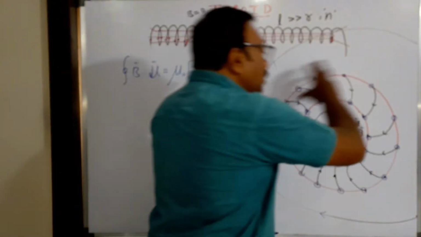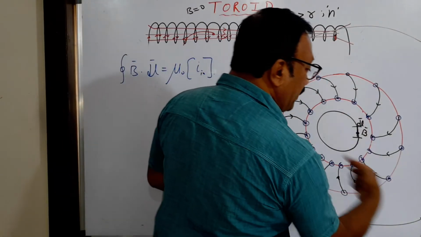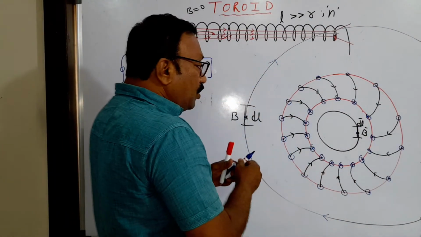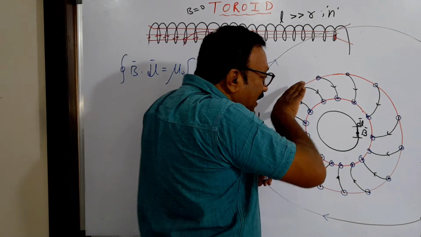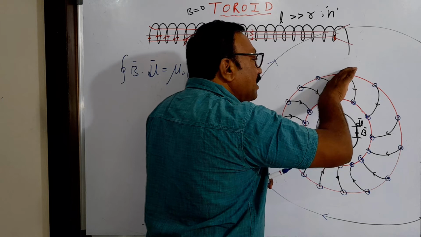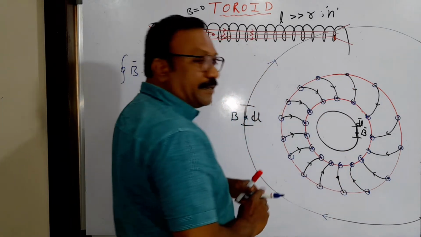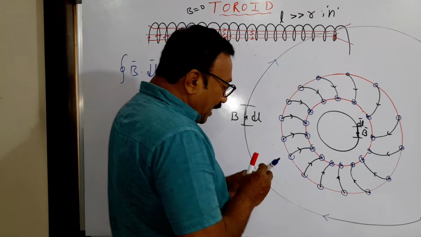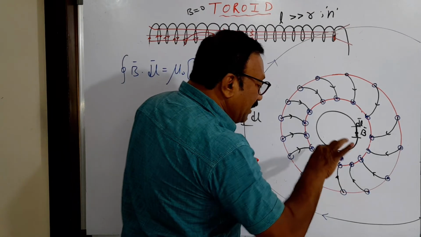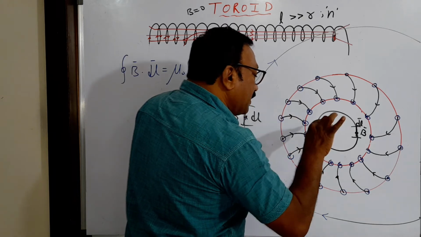So this is a toroid on which the wire is wound like this. The current comes out like this and goes inside, comes out and goes inside again. So you have an outward current here and an inward current here, outward and inward, repeatedly.